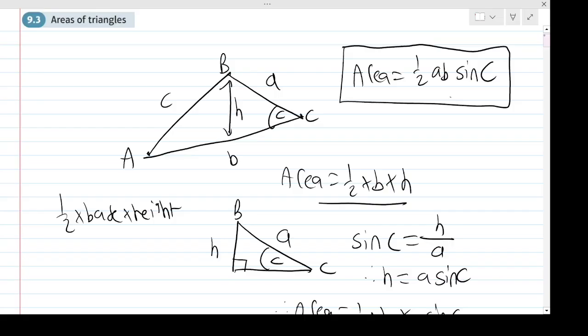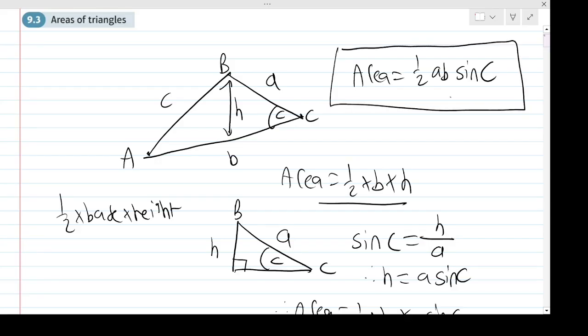We won't always be able to nicely work out or be given the vertical height, which is where this comes in instead. This half ab sine C gives us another way, usually a better way, of working out the area of the triangle. It works for any triangle whatsoever; it doesn't have to be a right angle. So we'll just be using this formula in this section.